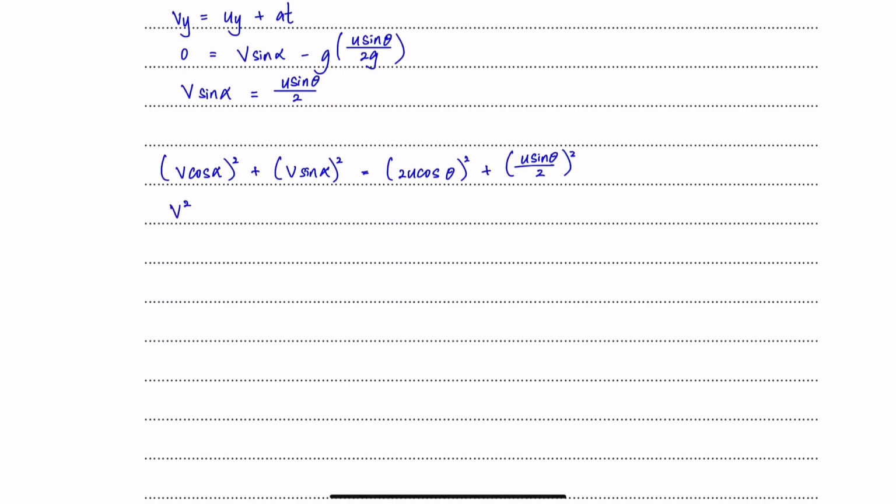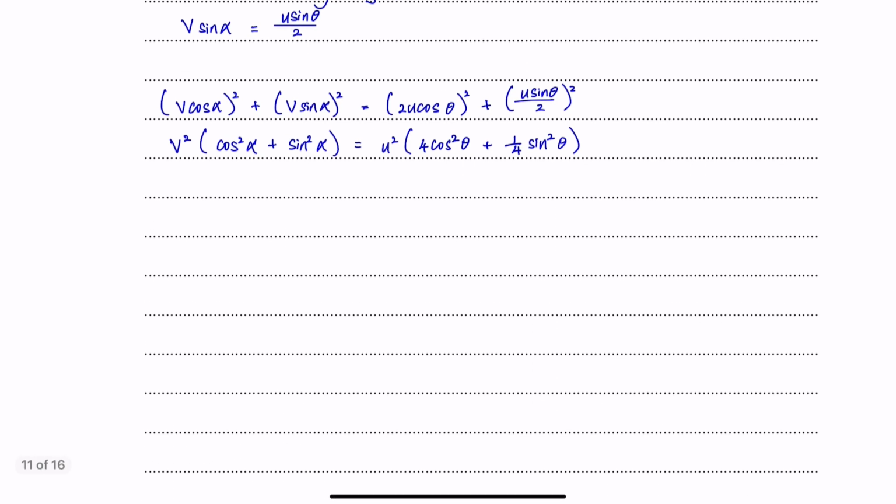So we have v squared times cos squared alpha plus sine squared alpha equals u squared times 4 cos squared theta plus 1 over 4 sine squared theta, and cos squared alpha plus sine squared alpha would be 1.